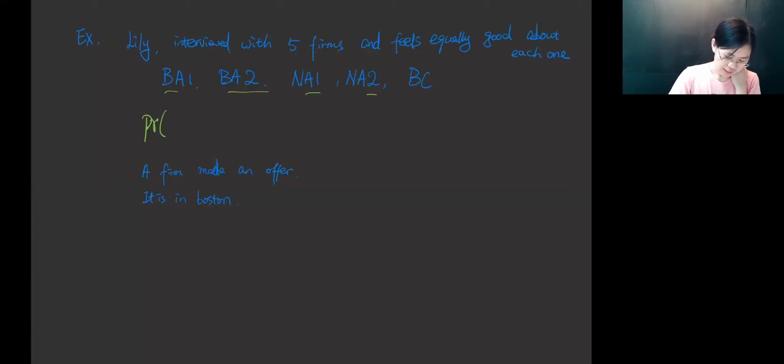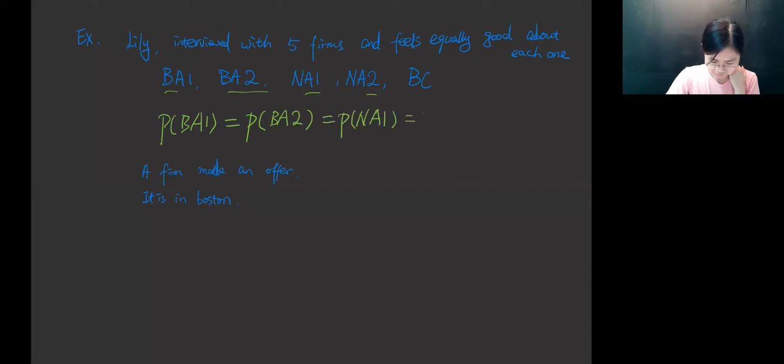So ex ante, the probability of each of the firms should be the same because Lily felt equally good about each of them. Now the firms BA1 and BA2 are two Boston accounting firms.